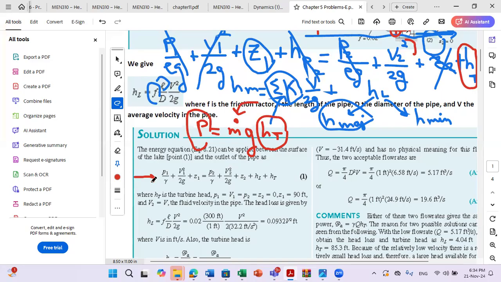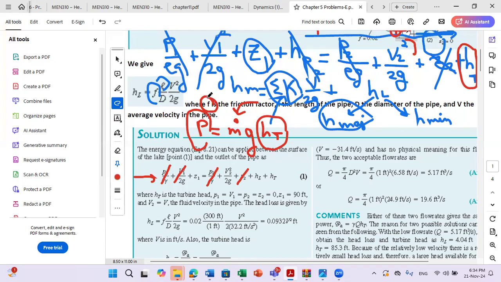So first I will write the general equation. Then, as we said, I can start to do some simplifications, because P1 and P2 equal to P atmospheric will cancel out. V1 is very small compared to V2, so I can cancel it. I take Z2 at reference, so it's 0. And concerning the major losses, I can evaluate them because they gave me the friction factor f.